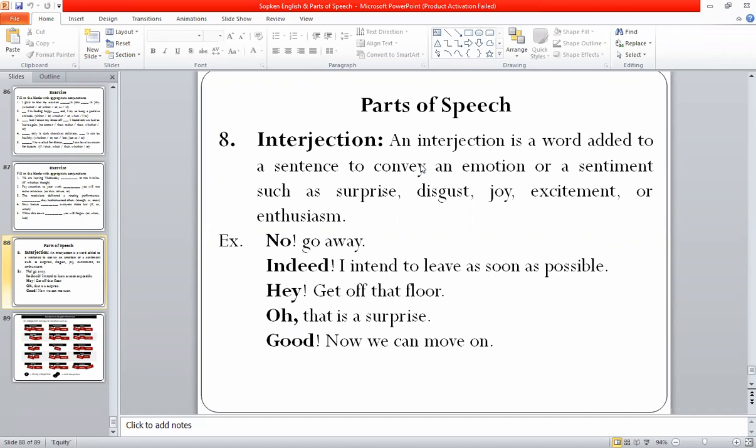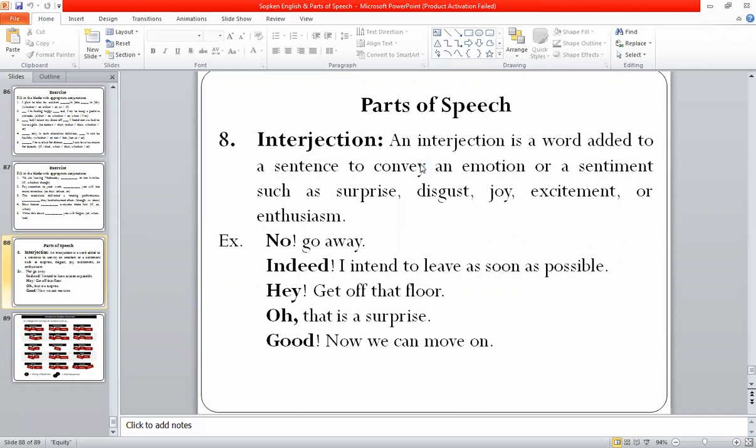We use them when we are excited, or we are in a joyful mood, or we are enthusiastic, or there is a surprise. If someone surprised us, then we use these words.